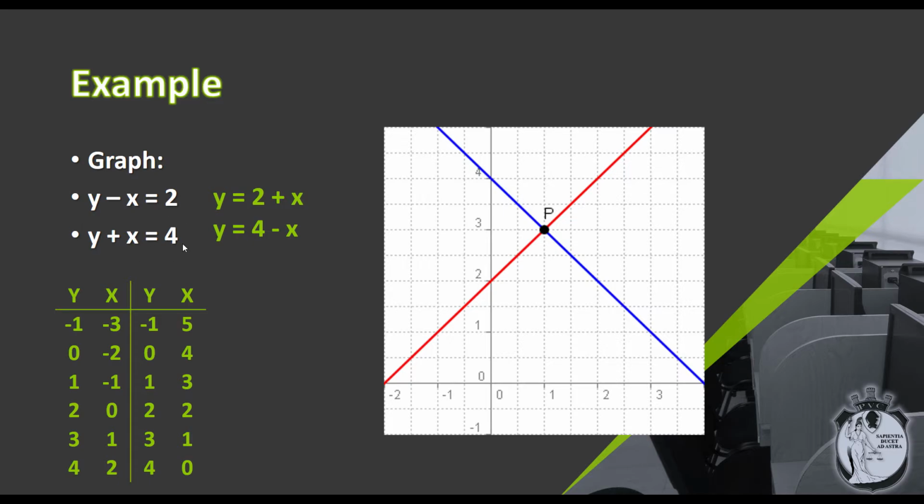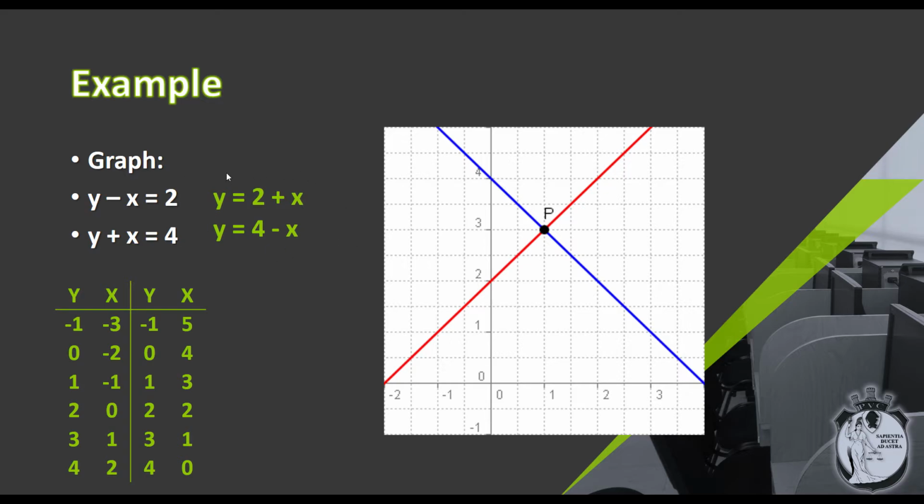The first step is to clear the variable. It can be the same variable in both, or different, but if you clear y, for example, y equals 2 plus x and y equals 4 less x.